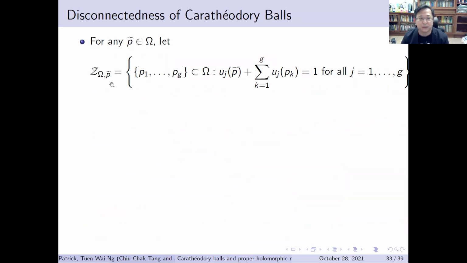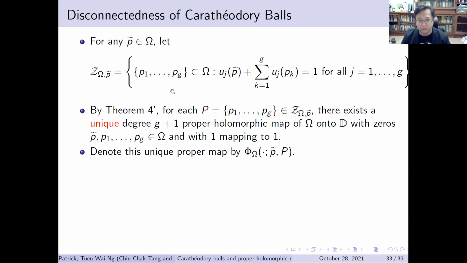Again, we have this space here. If we take a p tilde in omega, and also take a p, a subset in this space here, so that this condition is satisfied, then according to the result, we know that there is a unique degree g plus 1 proper map from omega to D. Actually, we can write it down, which maps 1 to 1, and we are going to denote this proper map by this notation here, phi omega p tilde p.